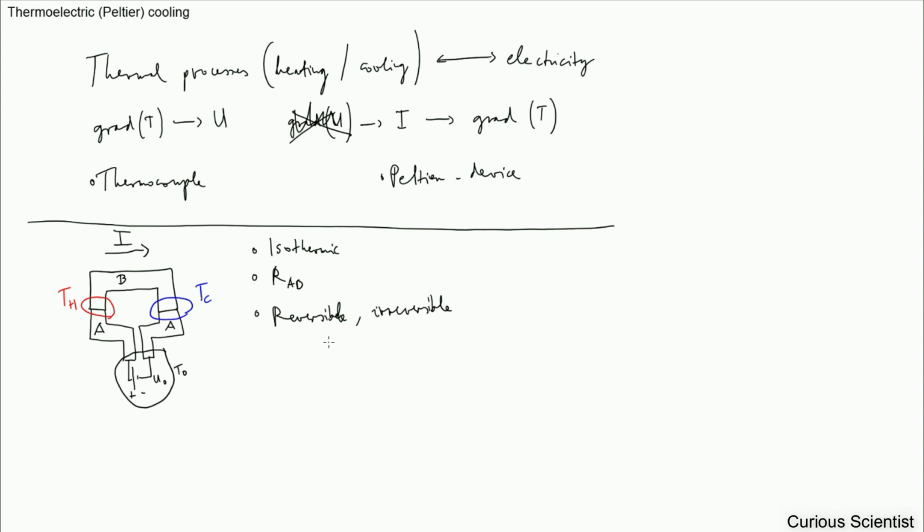So what is what? The reversible ones are the following. You have the Seebeck effect, you have the Peltier effect, and you have the Thomson effect.